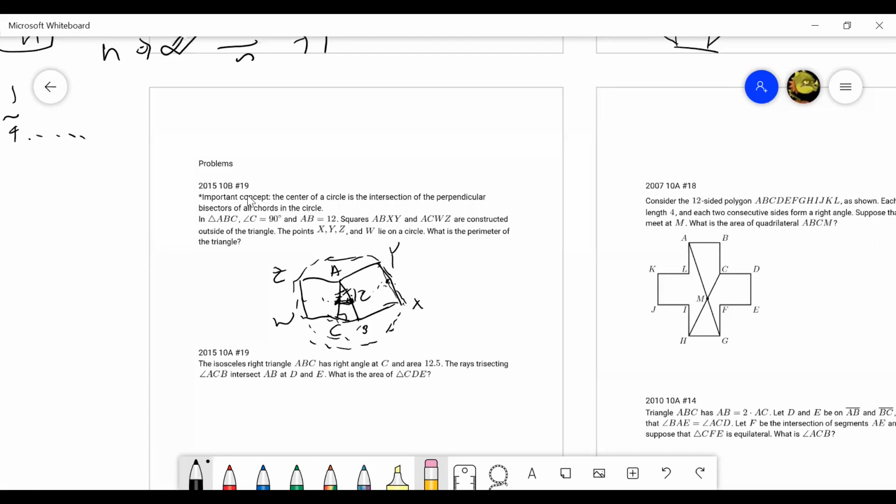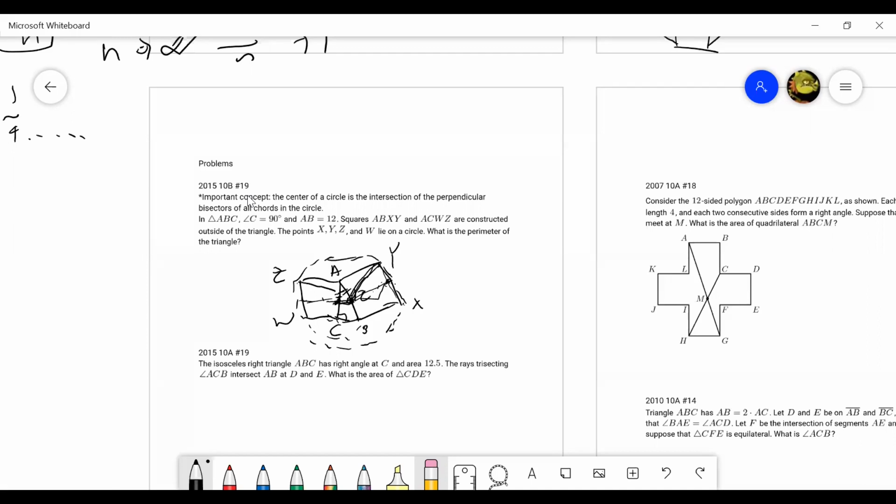So it's perpendicular to AC and it intersects at the midpoint, so it must be the same line as the perpendicular bisector of WZ. And these two lines intersect, we know, at the midpoint of AB. So that means that the midpoint of AB must be the center of the circle. And from here, you can simply solve by finding the radius in two different ways.